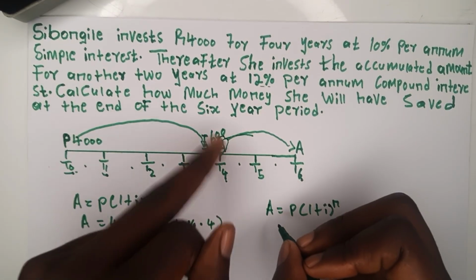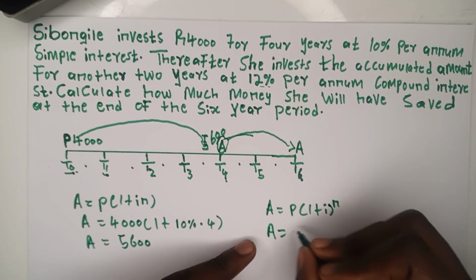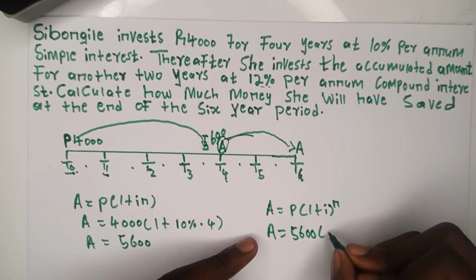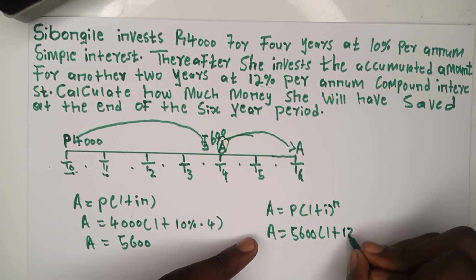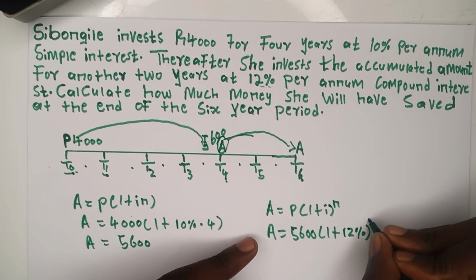We can take this 5,600 and now make it P, because we want to invest it again. 5,600(1 + 12%) to the power 2, for the remaining 2 years.